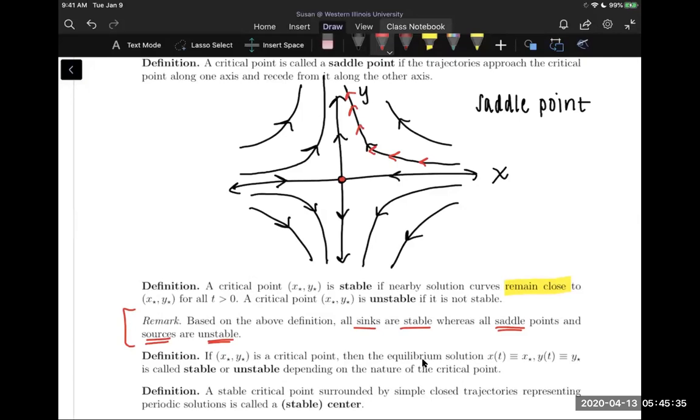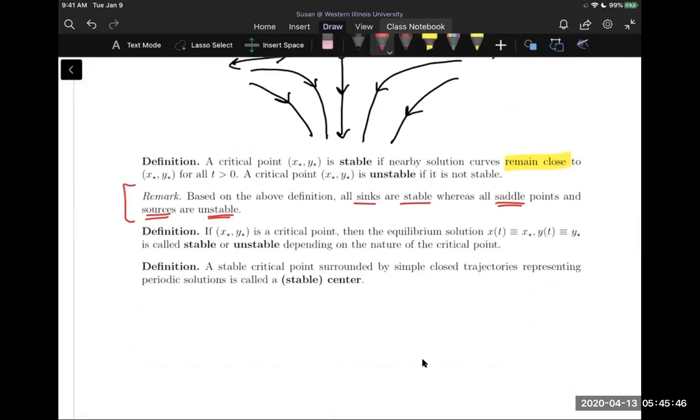So they do get close for a moment, but remember, we're looking at what happens as t goes to infinity for stability purposes. We can also classify equilibrium solutions as stable or unstable, just by looking at the stability of the associated critical point. That stability classification carries on to the equilibrium solution.